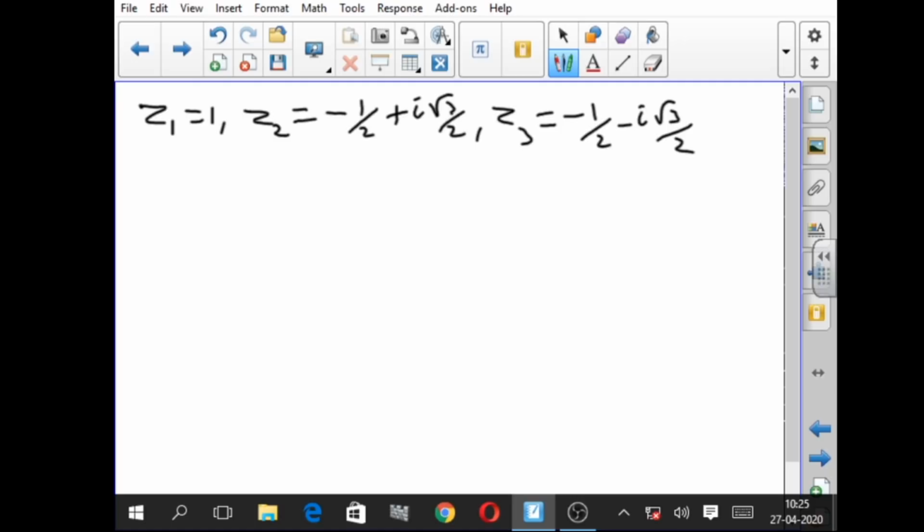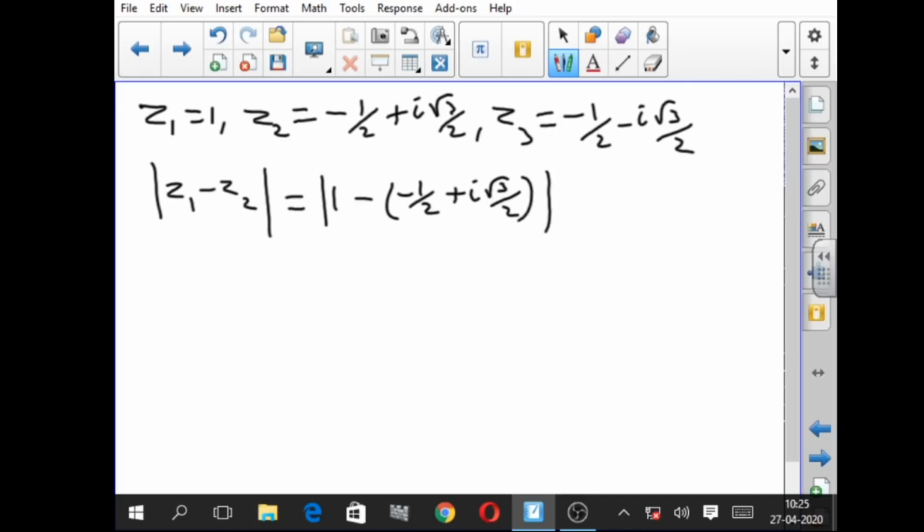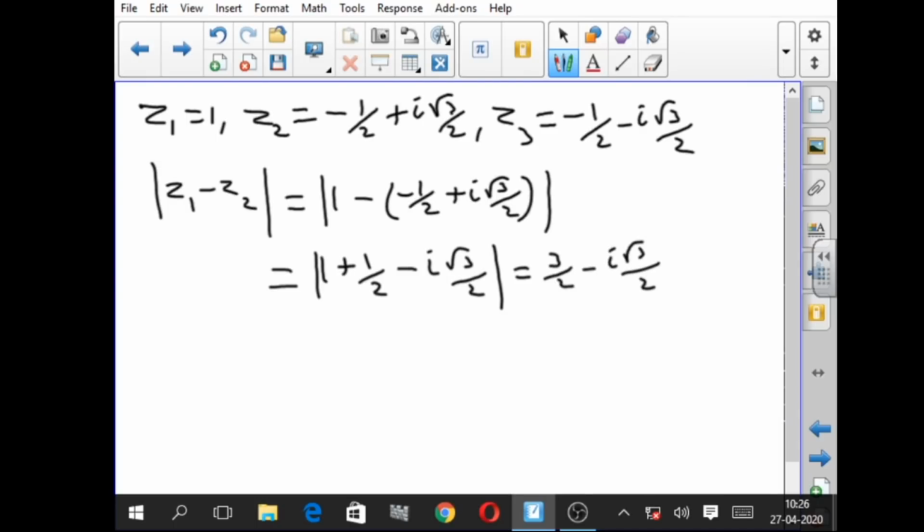First we find Z1 minus Z2, which is 1 minus of minus 1 by 2 plus i root 3 by 2. So it is equal to 1 plus 1 by 2 minus i root 3 by 2, which is 3 by 2 minus i root 3 by 2.